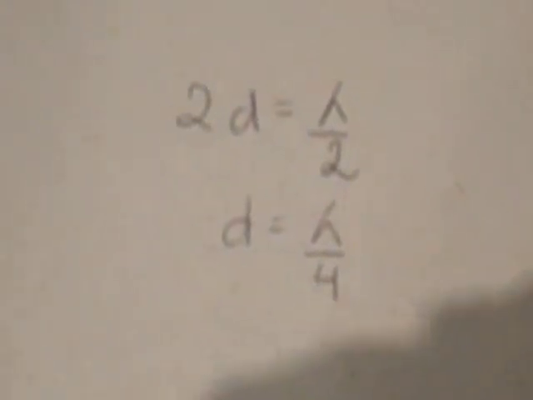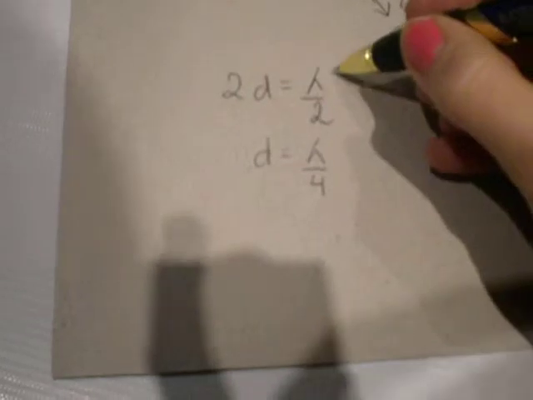If B travels a full lambda, the light waves will be amplified.